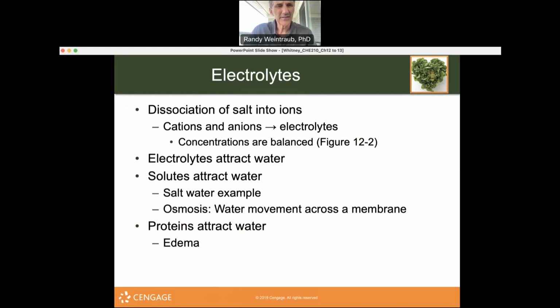Osmosis is the important chemical process you need to know when talking about water. That's the movement of water across the membrane to decrease pressure and reach equilibrium between electrolytes that may be on either side of the membrane.